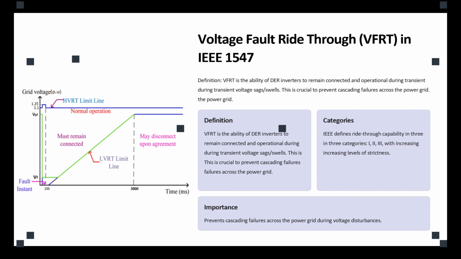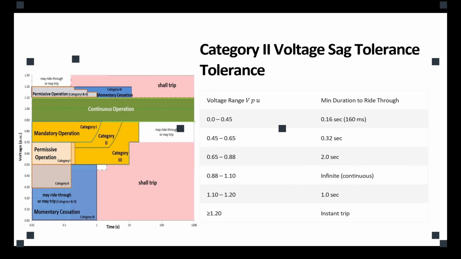Now, the same kind of concept goes for the LVRT, the low voltage. You're going to see the definition of how far you have to tolerate the voltage, for what time and at what values. There's a table actually for that. This is the table.